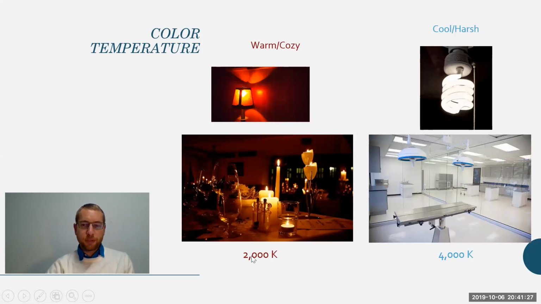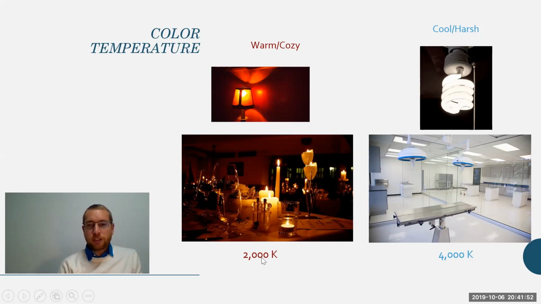Whereas if you take that temperature up to 4000 Kelvin, we get more of that blue, that bright, that clinical sort of, that kind of just hurts my eyes thinking about it, color, which might be great for, say, a lab or an industrial process, whereas at your home or a coffee shop, you want something much more in the warmer range, which is actually at a lower temperature.